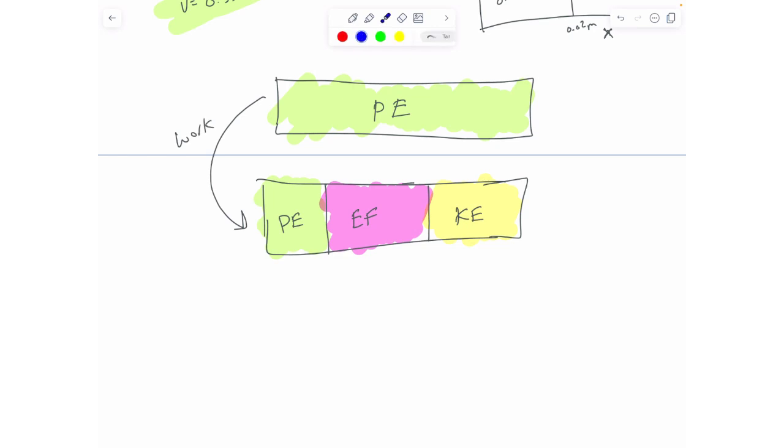So now we went from all this potential energy to just a little bit of potential energy. Some got transformed into frictional energy, right? Basically the atoms and the molecules between the surfaces started heating up. They got hot. Their internal energy increased, and then we had an increase in kinetic energy. So this turned into this, and this because work happened. Okay? All right, that's it.